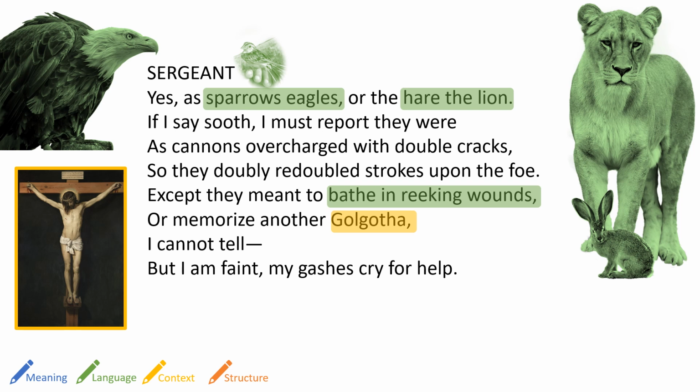So to suggest that they're going to create a famous site of violence as famous as that where Jesus himself was killed. So the sergeant is really going over the top in saying what an incredible battle this was for Macbeth. What an absolute legend this guy was, supporting loyally King Duncan's cause, putting everything on the line for him, fighting without fear.